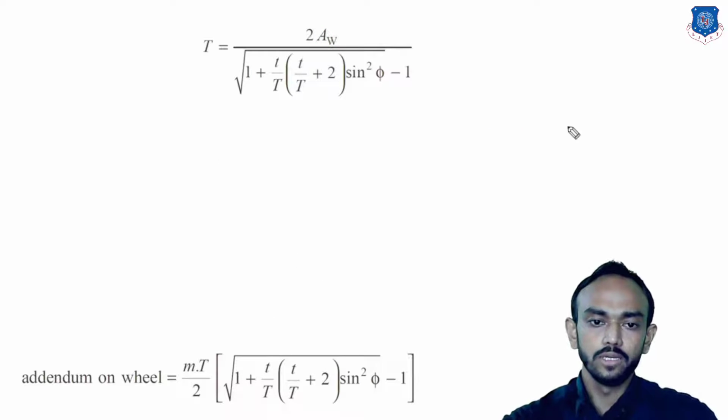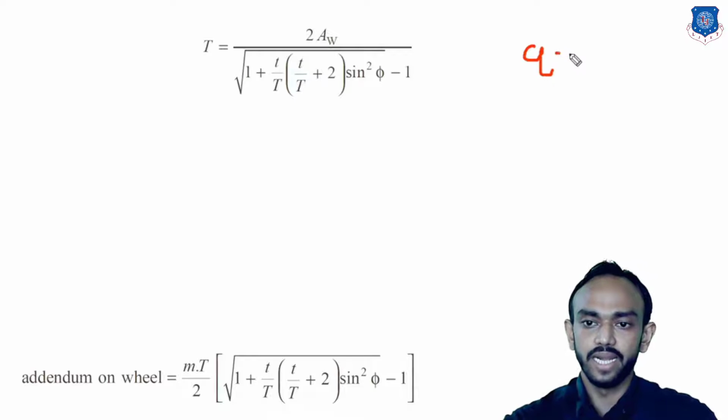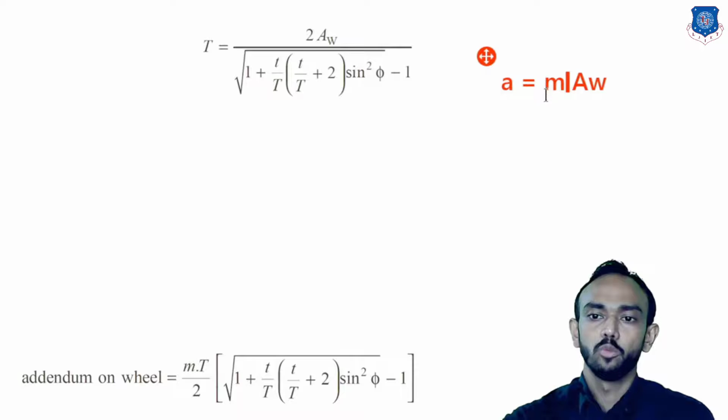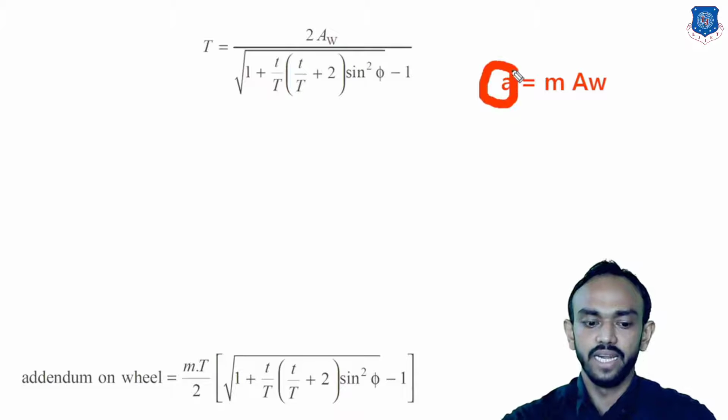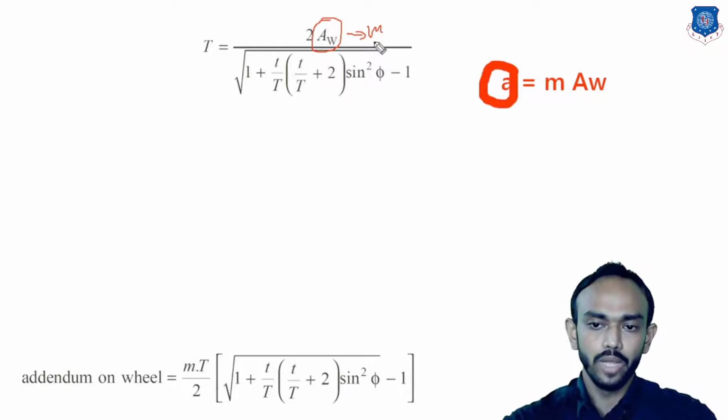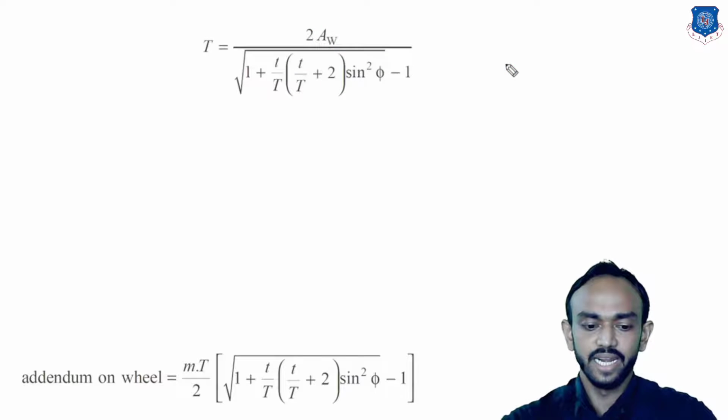Now we want the addendum. The addendum is equal to module into AW. So we are going to make AW the subject in this formula, and after that multiply by M to find the addendum.